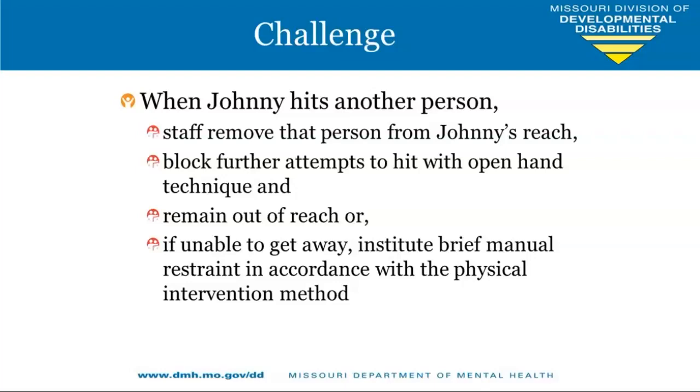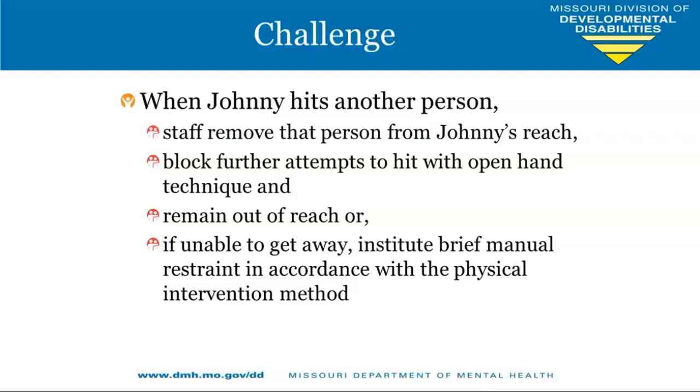Okay. So most of you identified that this was a fairly good approximation of an example. People did have some more questions about specifics, like what does it mean to remove that person from Johnny's reach? Yeah, that probably could be defined a little bit better, perhaps. I mean, it depends on what is necessary to get the response that you want.